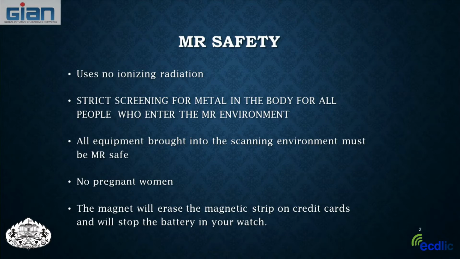So all people who are exposed to this MR environment need to be screened for metal in the body. So all people, meaning all the technicians, all the research assistants, even the janitorial staff, and especially the participants. And we'll see why some of this is so important in a few of the slides to come.